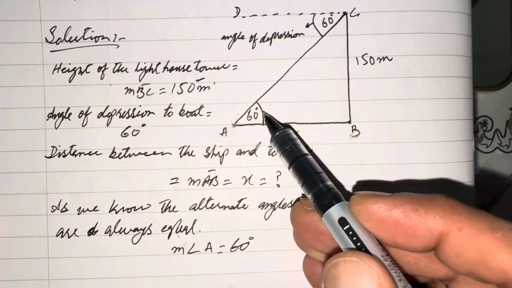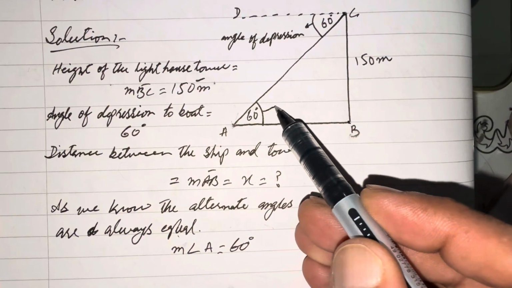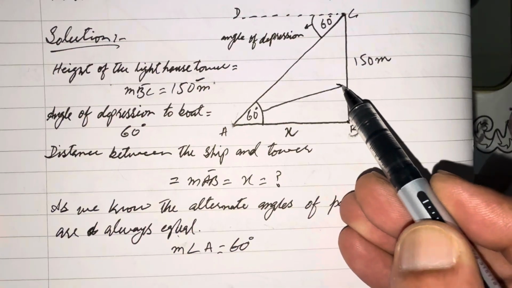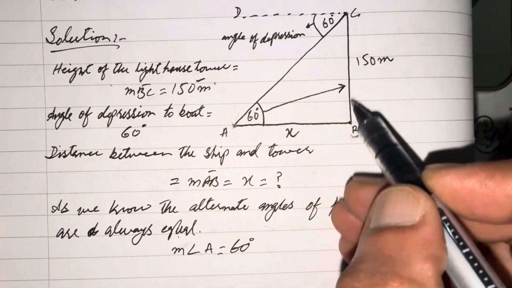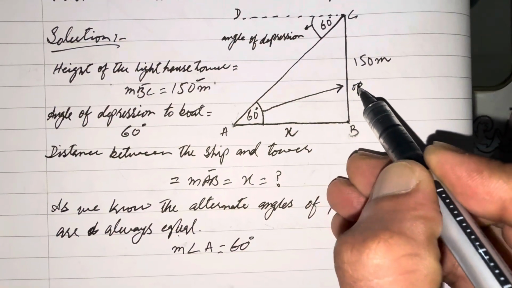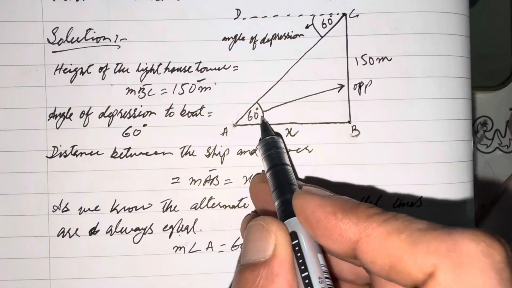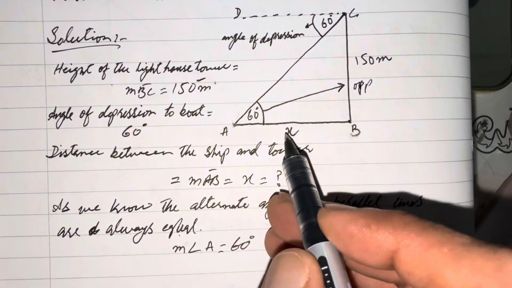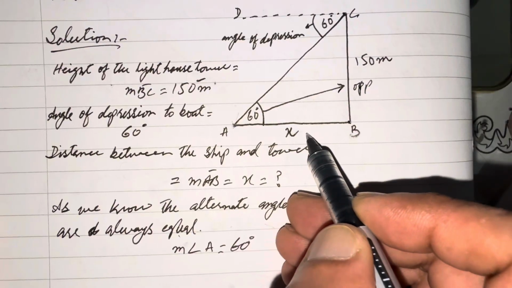Now you can see, if we take the angle 60 at point A inside the right angle triangle, the side opposite will be BC, which is the opposite side of angle 60. And this side will be called the adjacent side.